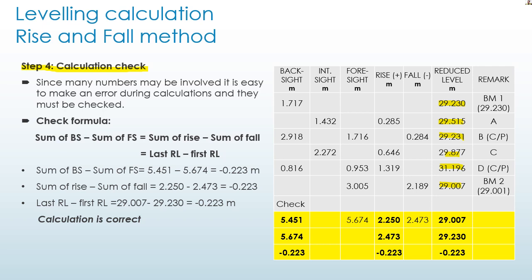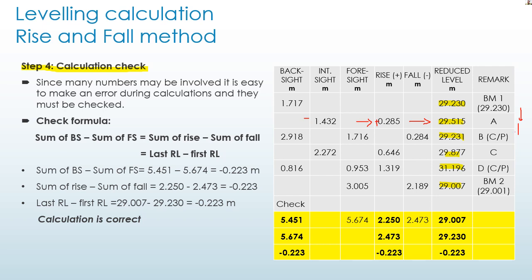From benchmark 1 to A, so what we did is calculate the rise or fall from benchmark 1 to A. So backside minus the intermediate side give you a rise, and then you use the known elevations here plus the rise here, that give you the new elevation of point A.